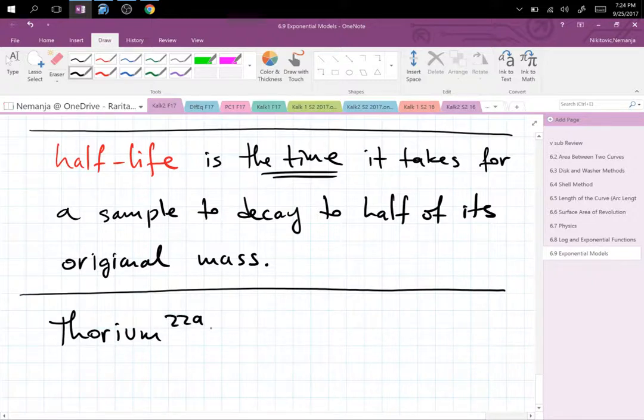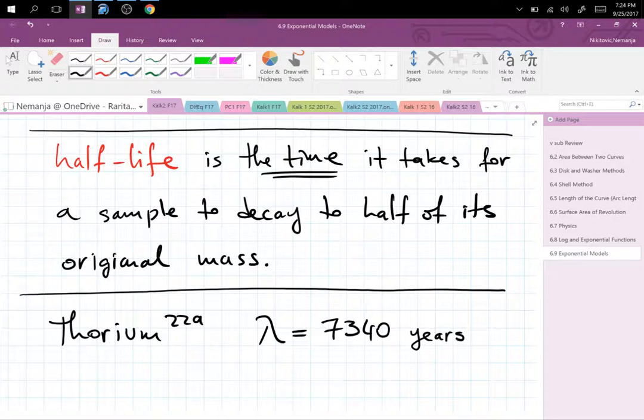Thorium-229 has a half-life of 7,340 years. So this means that if you have 10 grams of thorium, it will take 7,340 years for it to decay through radiation down to 5.